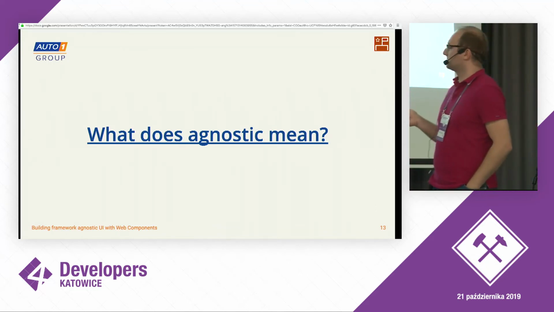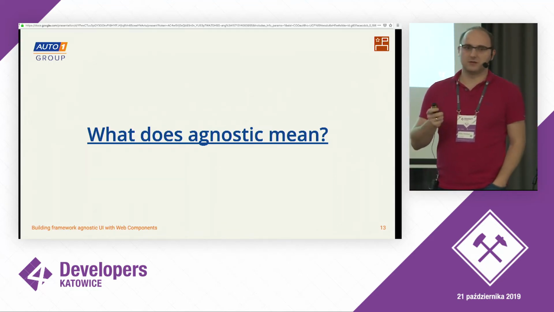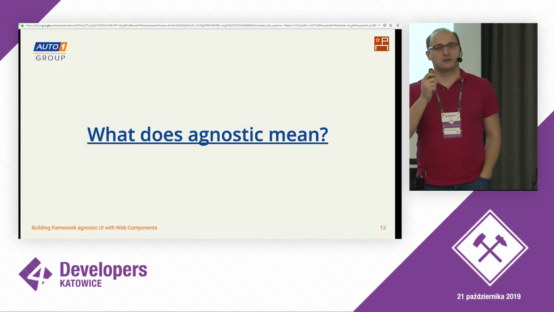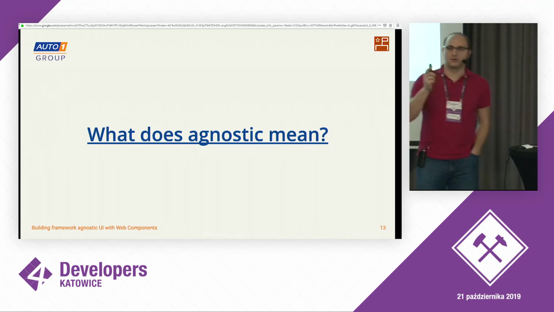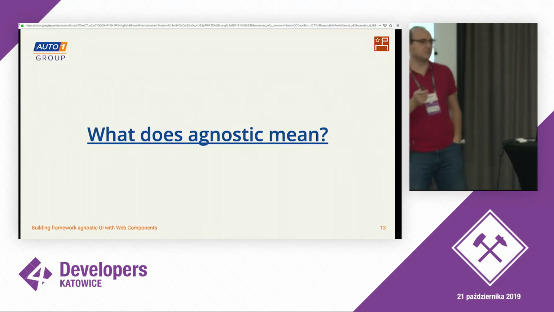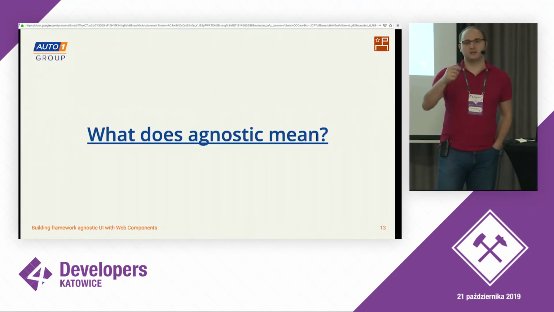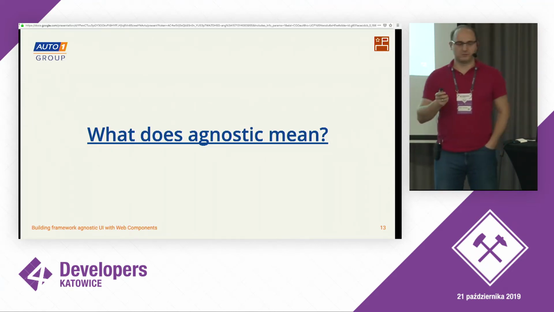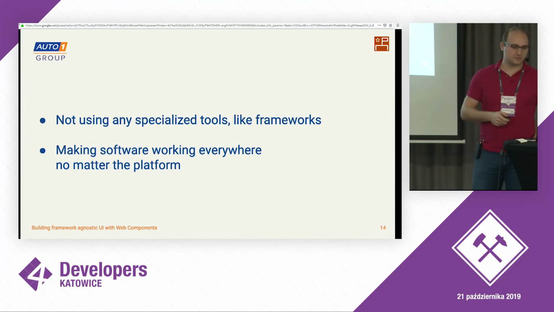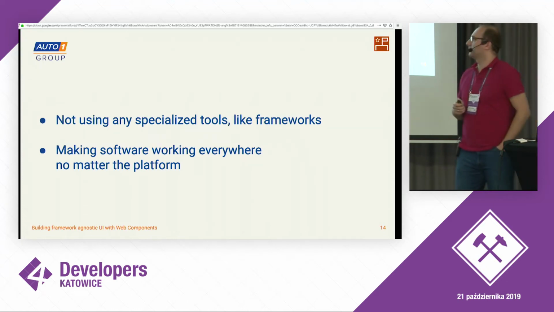But in the context of IT, agnostic means you don't have to care about the platform. So if you don't care about the platform, then it means you can use it in many different projects. That goes for the web components. This is the browser native technology.